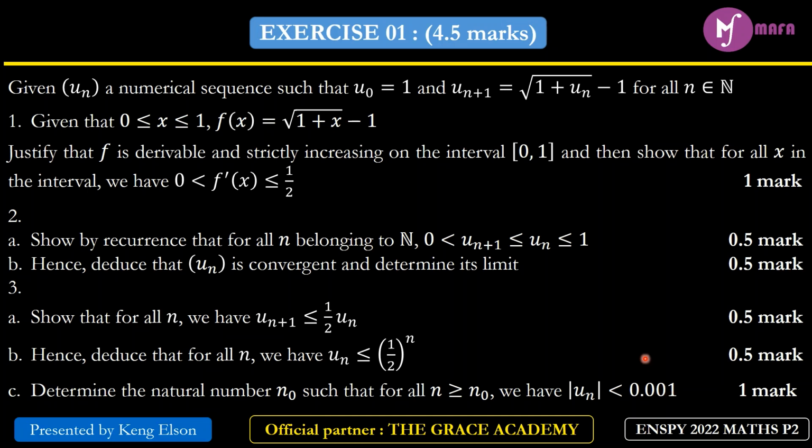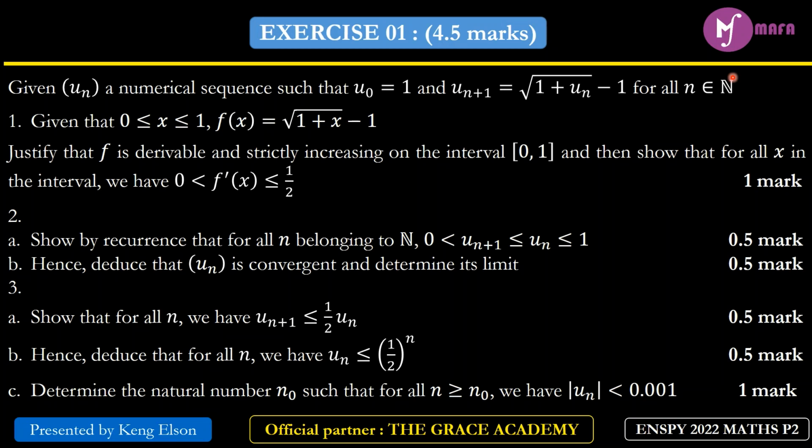So this is an exercise, and I would like to first of all give you guys some setting terms. When you see natural numbers, you know natural numbers are simply the set of positive whole numbers.